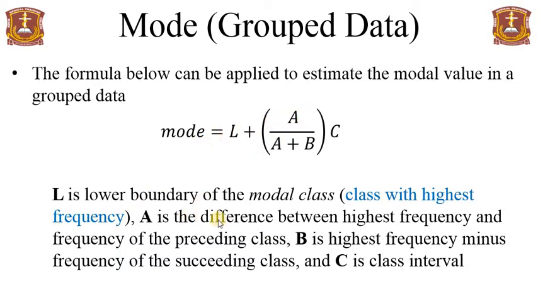A here represents the difference between the highest frequency and the frequency of the preceding class, that's the class just before the modal class. Then B is the highest frequency minus the frequency of the succeeding class. And C is the class interval.